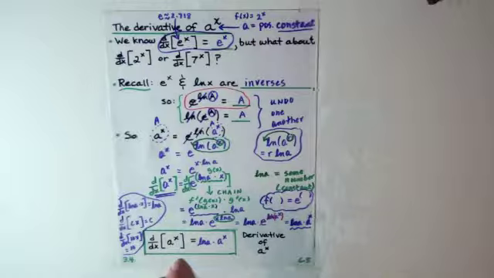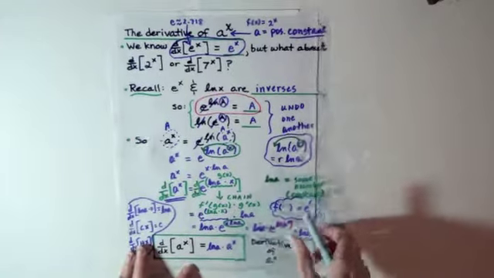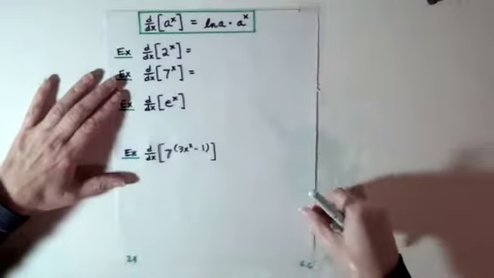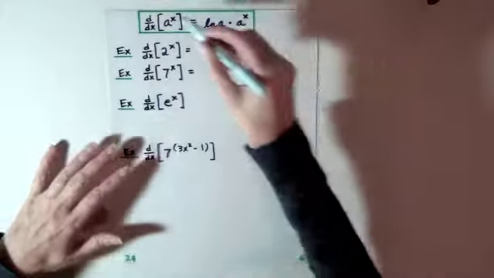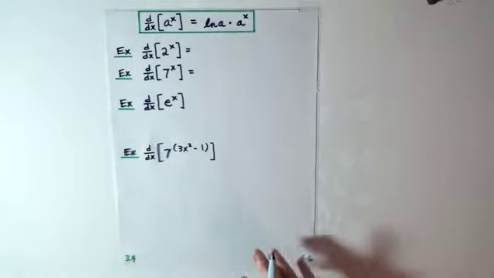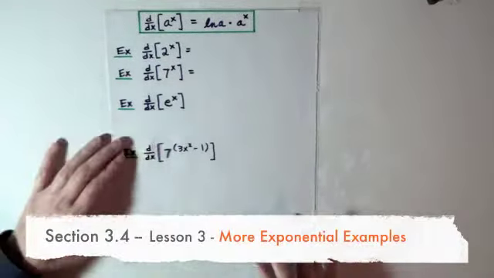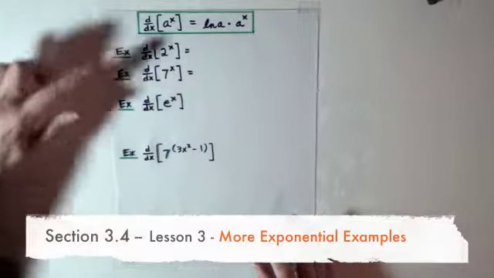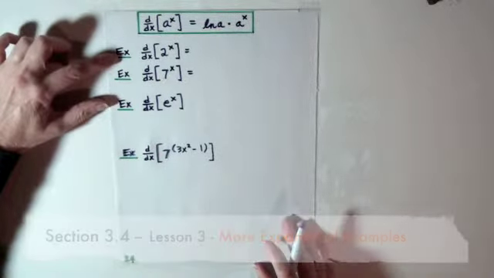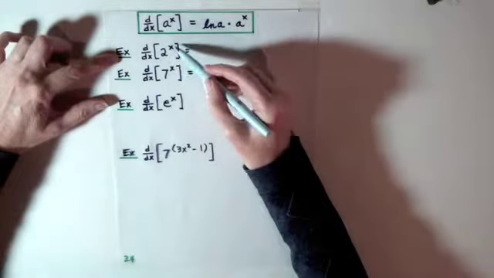Well, let's do some examples so we can get used to using this brand new formula for derivatives, the derivative of an exponential function where the base is not necessarily just e, but could be any number. All right, so I've rewritten the formula up here, the derivative of a to the x, just so we have it to refer to on this next page. Suppose I ask you to find the derivative of 2 to the x.